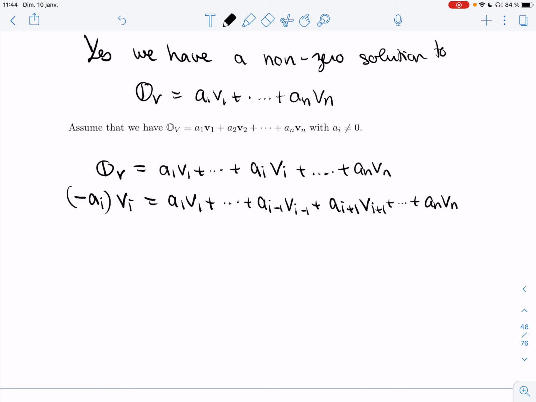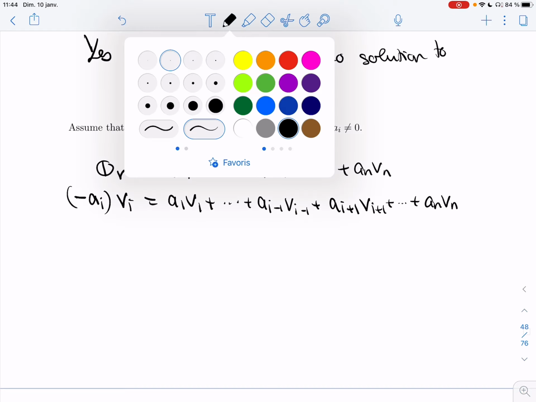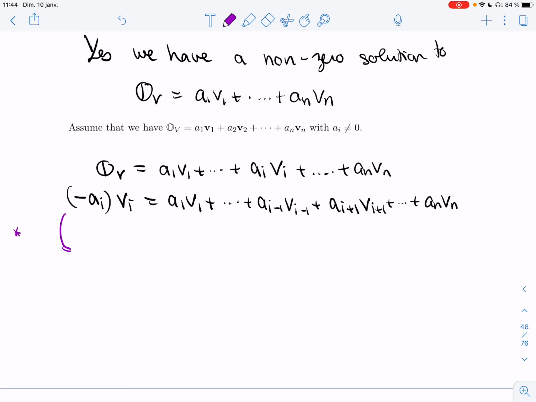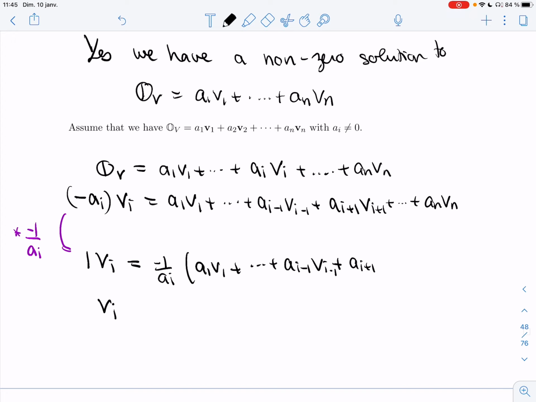All right, but I don't want minus ai vi, I just want vi. So here I'm going to multiply by a real number, which exists because ai is not zero. And so I will get vi times 1. And so that's just vi by axiom 10. And then here I'm going to multiply it all by this number, and I'm going to be able to distribute and put it with the constants in front. So again, here we are using a lot of the axioms without mentioning them.